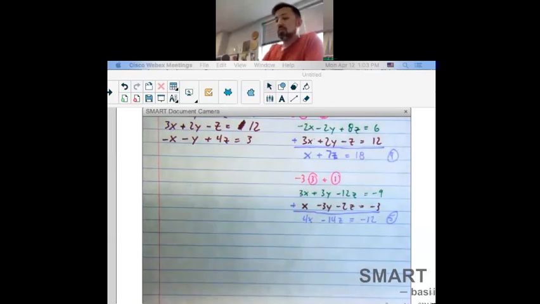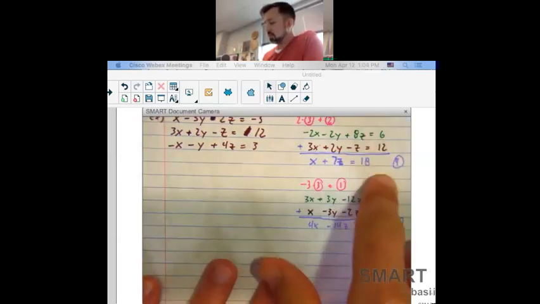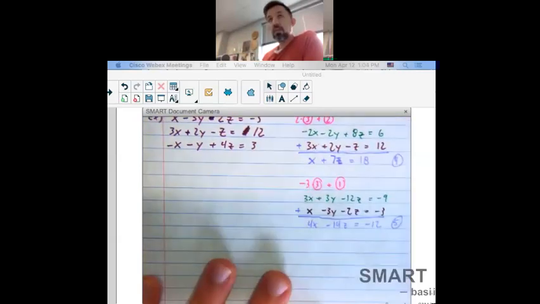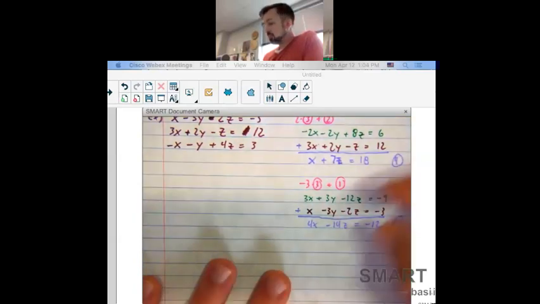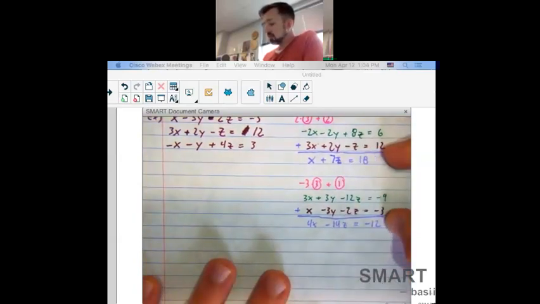What'd you notice? Well, I don't know. I noticed the sign. Okay. Which one are you looking at? On the z's? Or somewhere else? You're looking here? Look here, right? Okay.